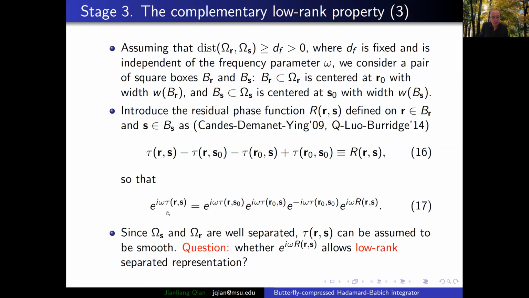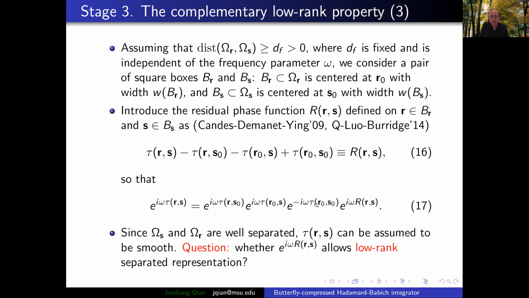Then we can write the oscillatory part of the kernel like this. Essentially we have this representation, with four terms multiplied together. The first term only depends on R, so we have a low rank separable representation in terms of R. The second term only depends on S, so we also have a low rank separable representation.